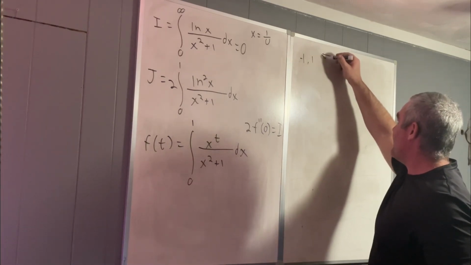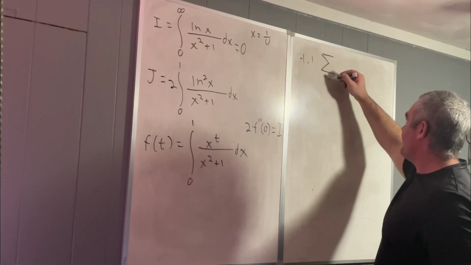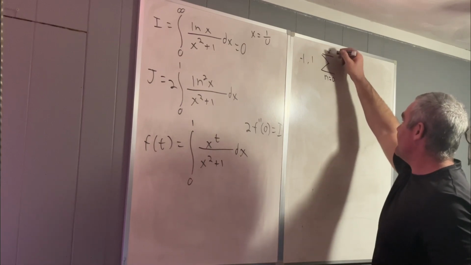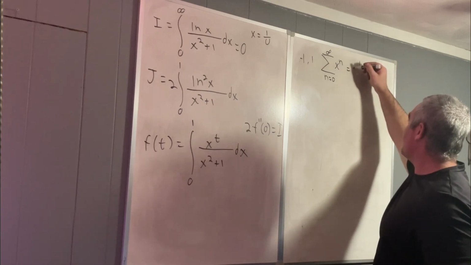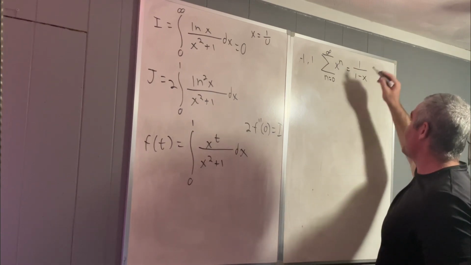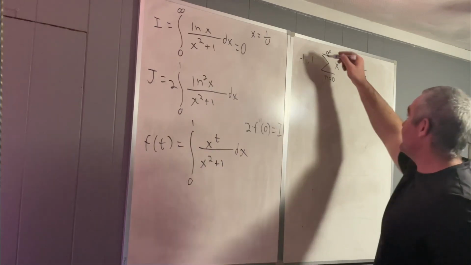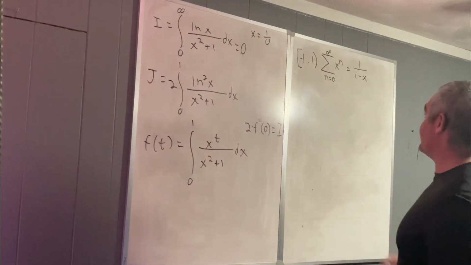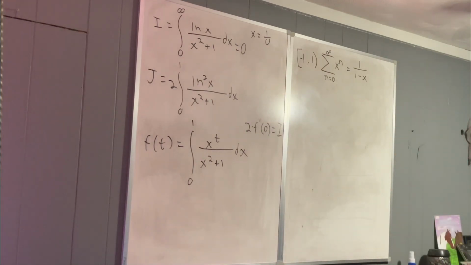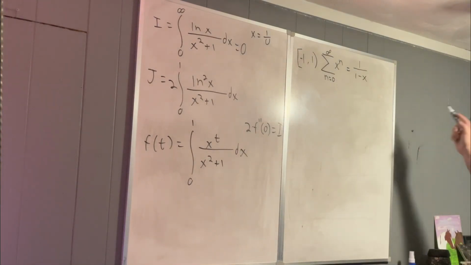For this sum on that interval, the sum from n equals 0 to infinity of x to the n is equal to 1 over 1 minus x. So I believe the 1 is not included and the -1 is included. So we know that's true.